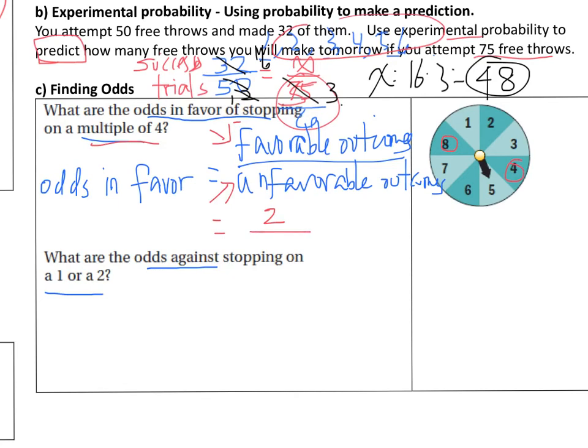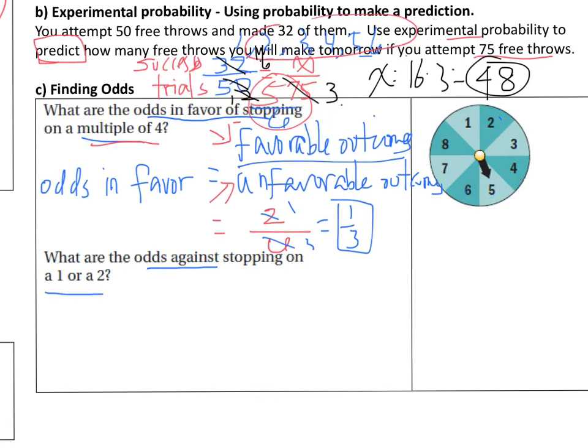And in the denominator, I would put 6 because I have 1, 2, 3, 5, 6, 7 as my unfavorable outcomes. I don't want these. And now I can simplify this to get 1/3.